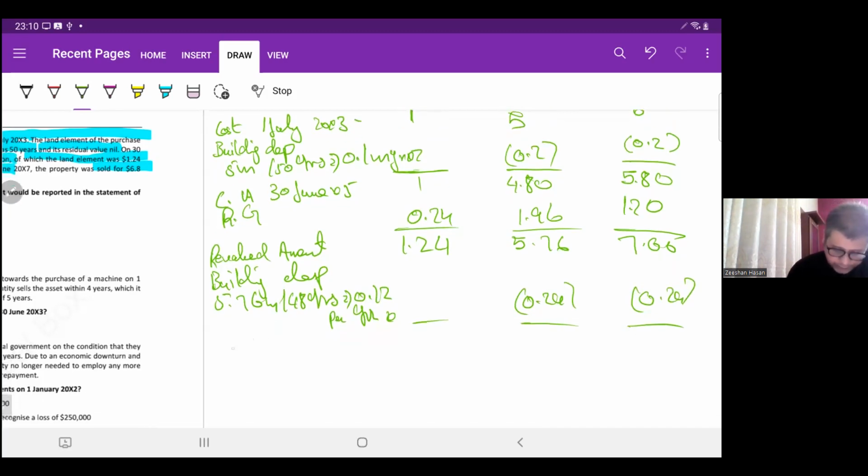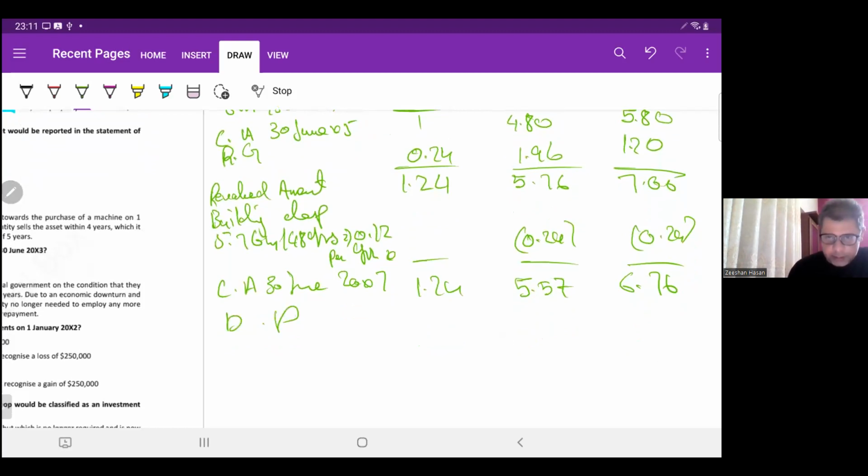Carrying amount at 30th June 2007: land 1.24, building 5.52, and total 6.76.